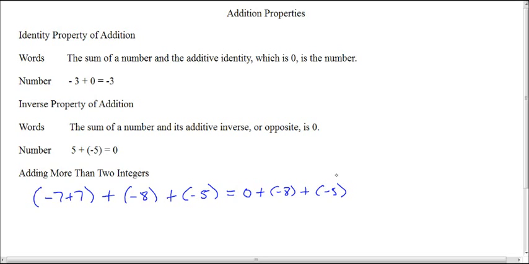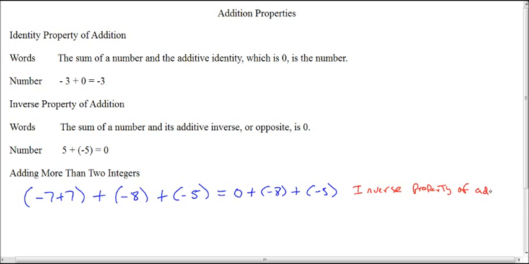What we did is use the additive inverse to solve this step. So this is the inverse property of addition, used here with a negative 7 and 7.